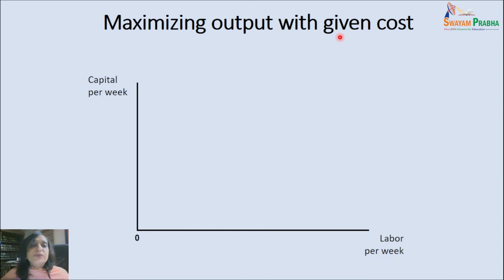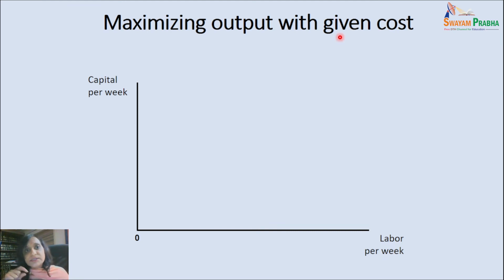The other situation is where you are asked: with this given level of cost, what is the maximum output the firm can produce? See the difference? There, output was given to you and you had to minimize the cost to produce that level of output.